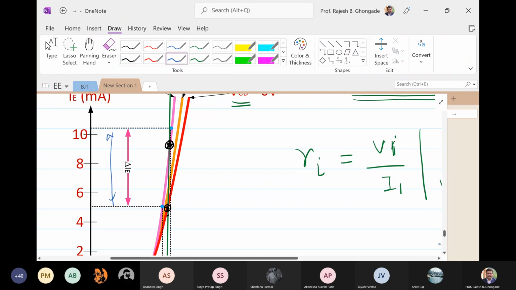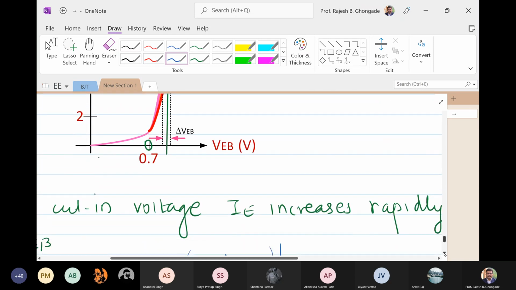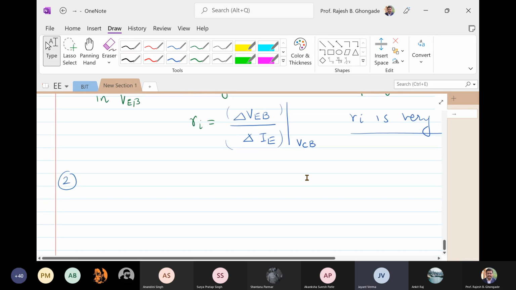If I keep VEB constant and if I change the value of VCB, what will happen to IE? It will increase. IE increases.